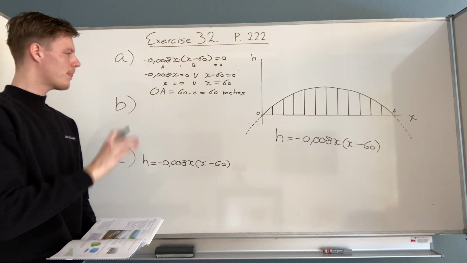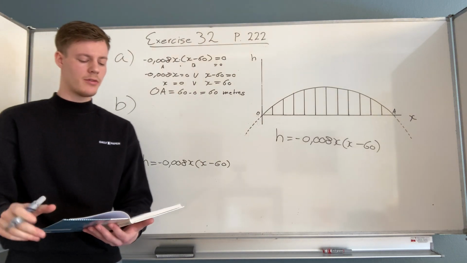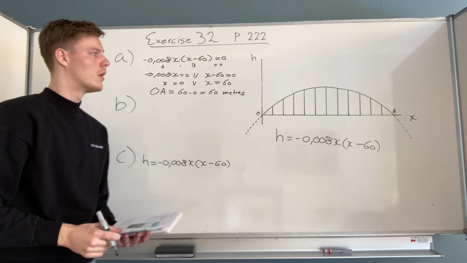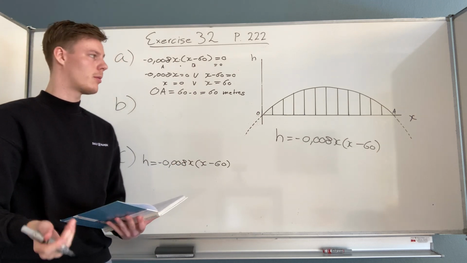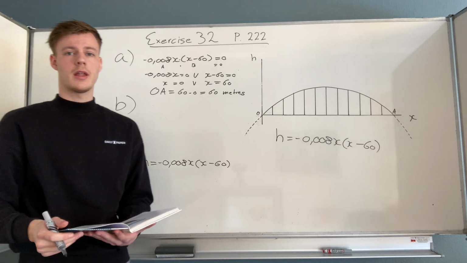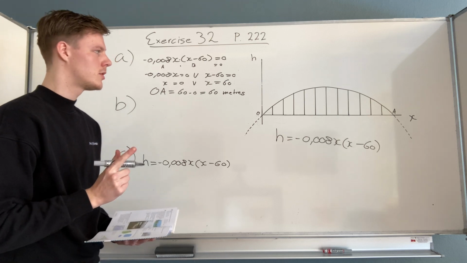Okay, so that's the first question. The second question is, how high above the road surface is the highest point of the bridge? Well, since this is a parabola, we know that the highest point of a parabola is called the vertex. And we also know that the vertex lies exactly in between the x-intercepts.